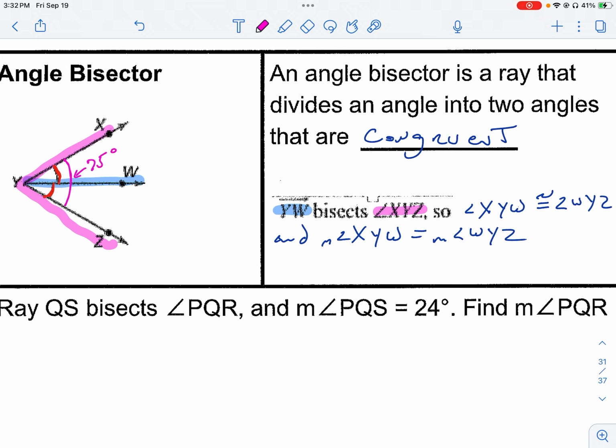That means that the measure of angle XYZ is 75 degrees. So we have to make sure we know what they're talking about, because this right here means congruent.